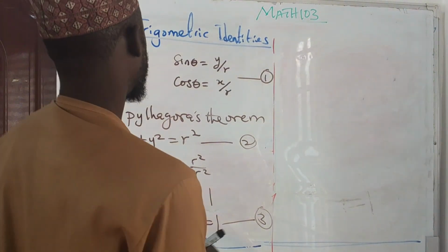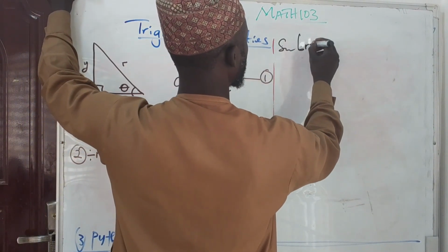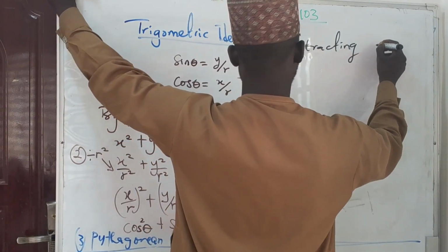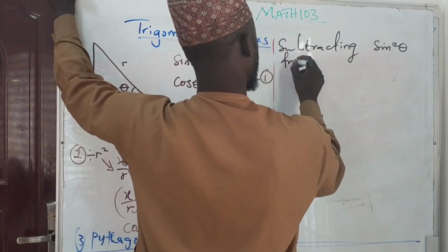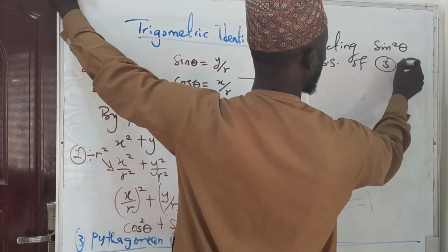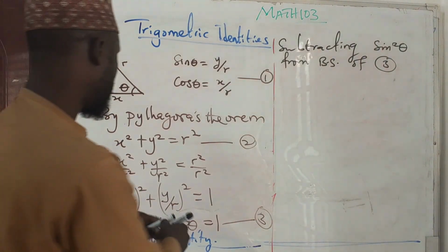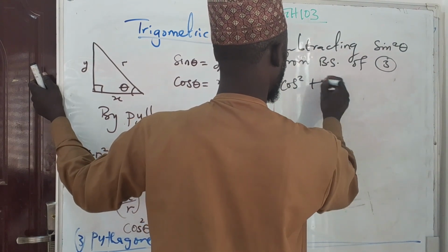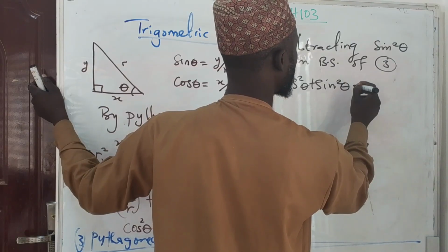Now, subtracting sine squared theta from both sides of equation number 3, the Pythagorean identity. Equation 3 is cos squared theta plus sine squared theta equals 1.